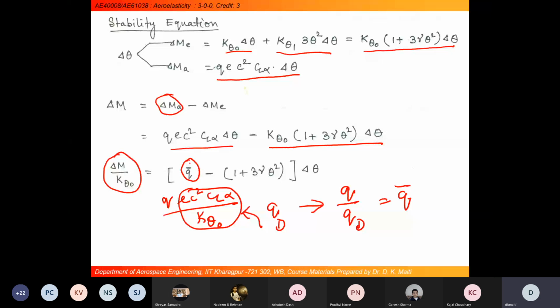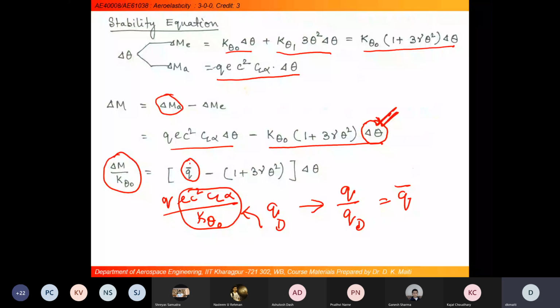And also another thing: whatever effective moment I have considered, I have taken aerodynamics first and then elastic. Then whatever we are getting, delta M should be less than or equal to zero. If I take delta M as delta M_E minus delta M_A, then delta M_A should be greater than or equal to 0.